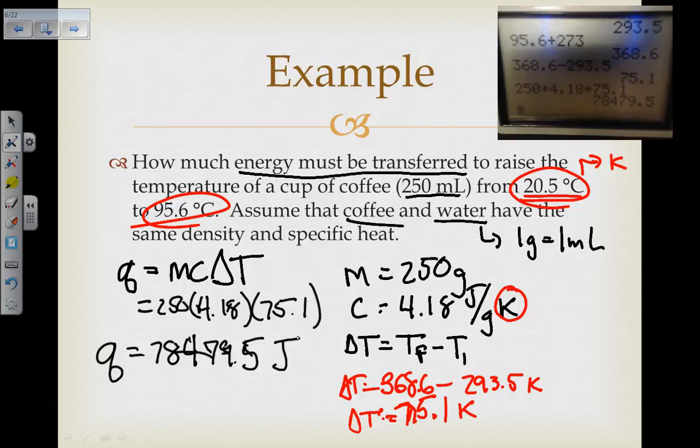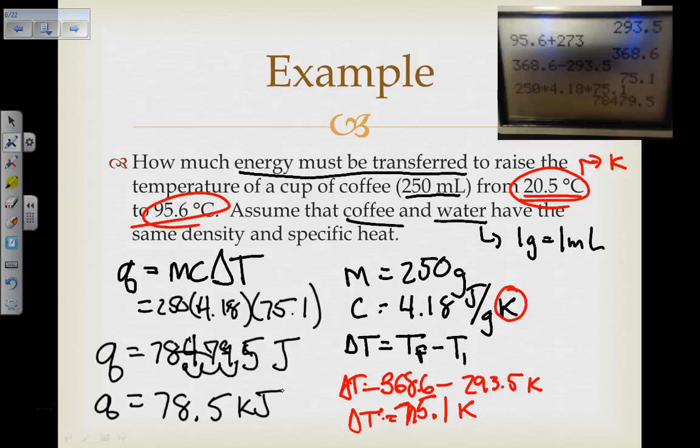Now, I will tell you that typically when we have thousands of joules, we will usually use kilojoules. So we move the decimal point over 3 spots, and then we can round this to 78.5 kilojoules. That makes a little more sense in terms of numbers that we want to manipulate.